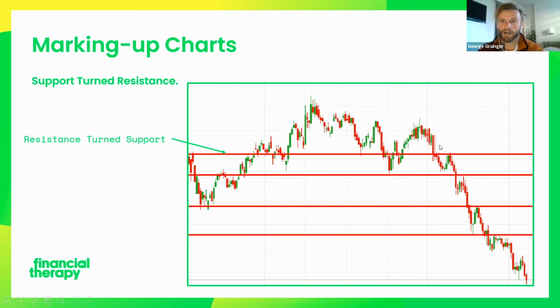Let's say I shorted it here, and I have my stop above here, or just above here probably. It gives us a bit of room.